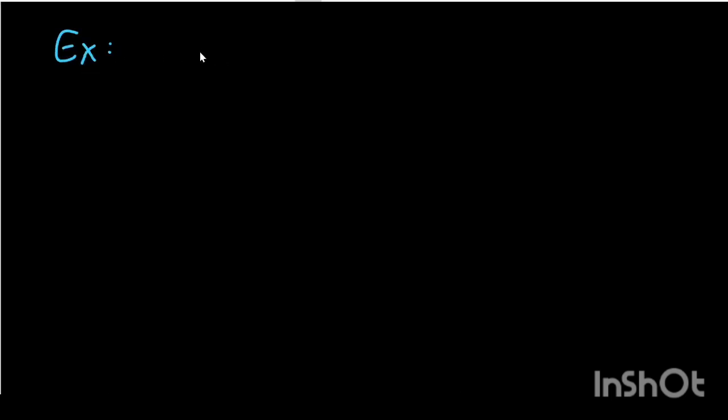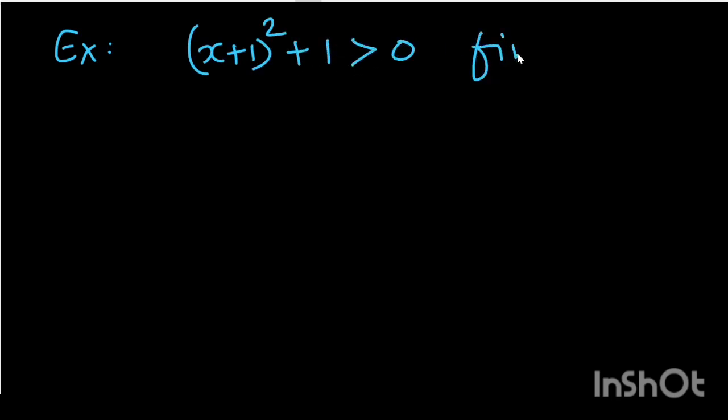So guys, if I ask you x plus 1 whole square plus 1 greater than 0, find x. So x plus 1 whole square plus 1 greater than 0, you can reason in two ways.